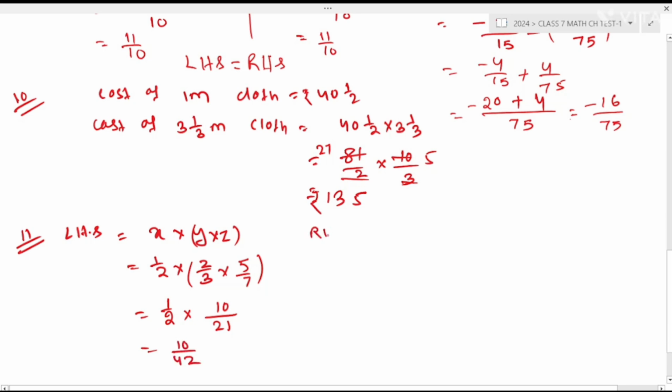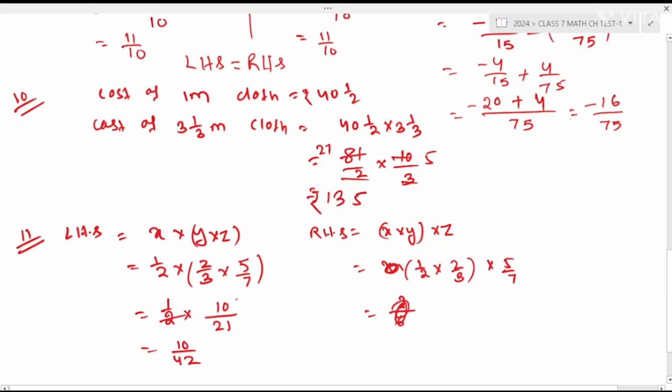Now find the RHS. RHS is equal to x into y in bracket, then into z. Put the values: 1 by 2 into 2 by 3 in bracket, into 5 by 7. Yes or no? So 1 into 2 is 2 divided by 6, or we can cancel.